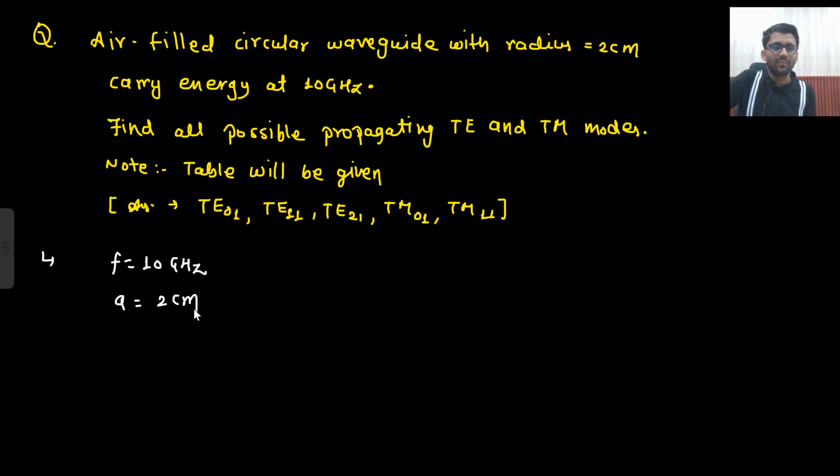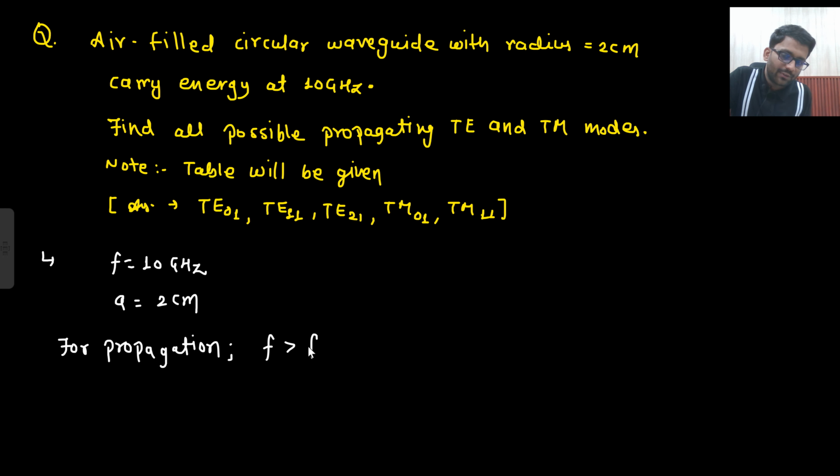For propagation, what is the condition? That F should be greater than FC. Your frequency, this 10 gigahertz, should be greater than FC. Or I can write that your FC should be less than F, because the F value I am already having, the 10 giga value.